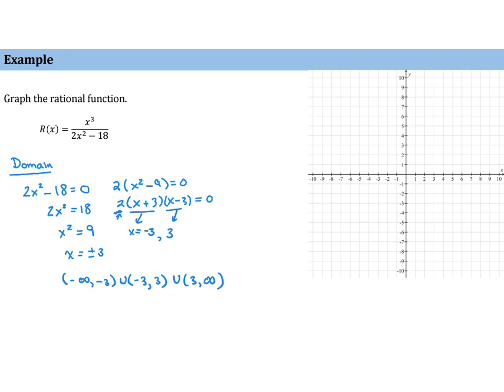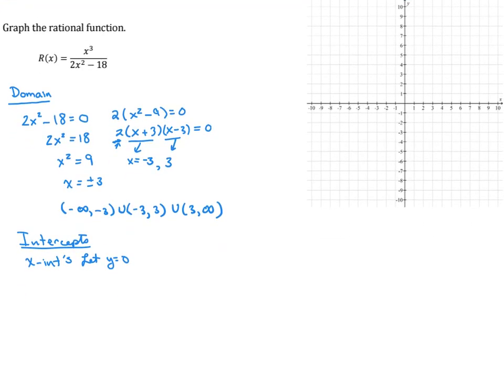Now let's find any intercepts. So to find any x-intercepts, we let y equal 0. So we would have x squared over 2x squared minus 18 equals 0. Now, if we multiply both sides by 2x squared minus 18, the left-hand side, we would get x cubed.